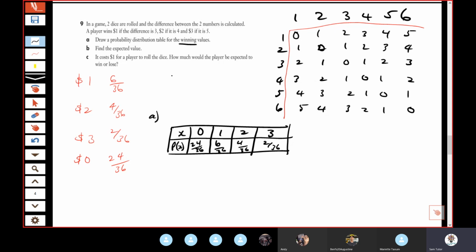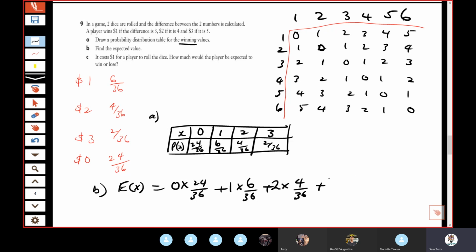Cool. Find the expected value. That's easy now, isn't it? The expected value is you would get 0 times 24 out of 36 plus 1 times 6 out of 36 plus 2 times 4 out of 36 plus 3 times 2 out of 36. Plug that into your calculator.